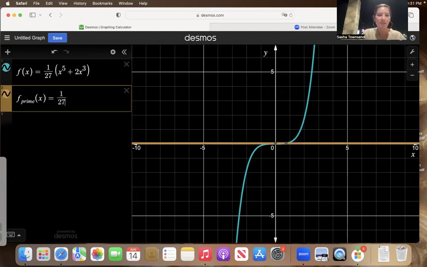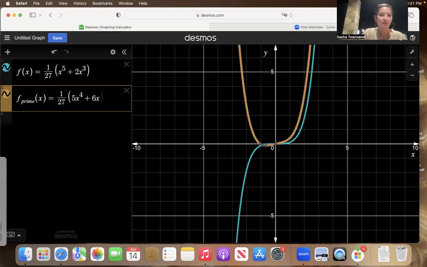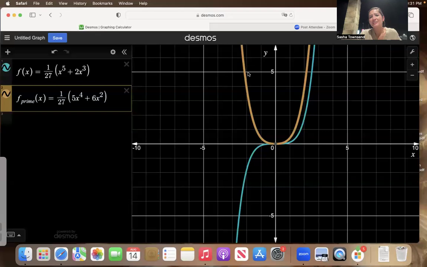We get 1 divided by 27 times 5x to the 4th plus 6x squared. We can look at the graph and we can see it's non-negative. It's always greater than or equal to 0. It's only equal to 0 at x equals 0. So our derivative is well defined. The only issue is that we have this horizontal tangent line at x equals 0.